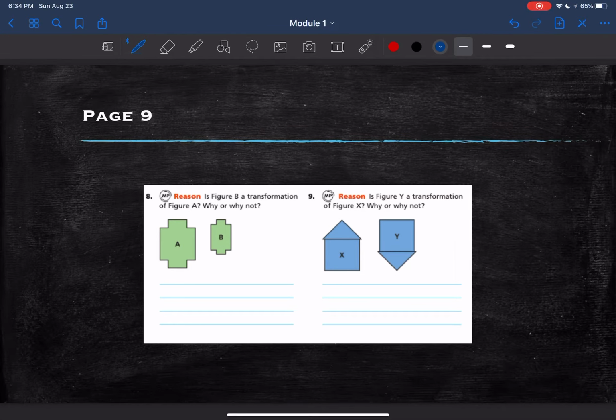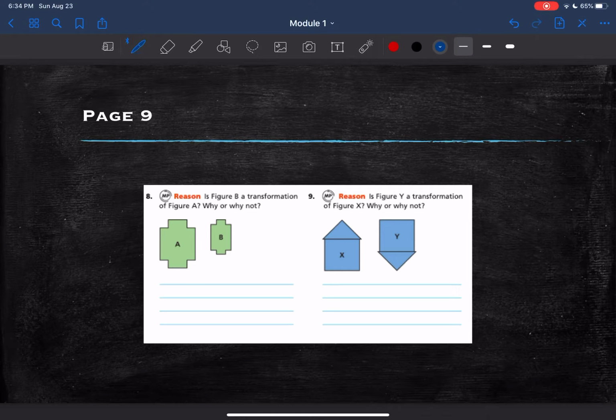So when you get your workbooks, this will be on page 9, and we're going to look at question number 8. Is figure B a transformation of figure A? Why or why not? All right. So if you notice, all of the parallel lines are still parallel. The angles appear to be the same, but what changed? The side lengths changed.